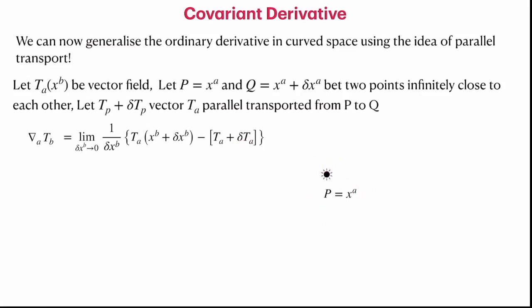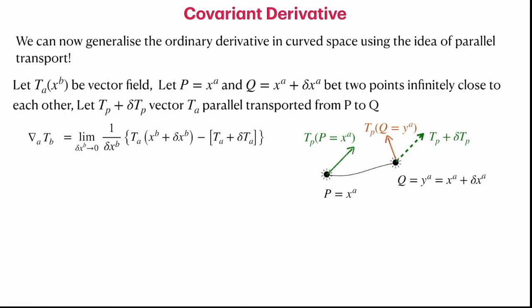P is equal to x^A, our first point, and Q is equal to x^A plus delta x^A, the neighboring point which is very close to P. Then we have a vector field which has a value T^A(x) at the point P and T^A(y) at the point Q. Now we take a parallel transport, that is, we drag this vector T from P to Q such that its magnitude and direction are maintained, and the parallel transported vector is denoted by T plus delta T, where delta T is the change due to parallel transport.